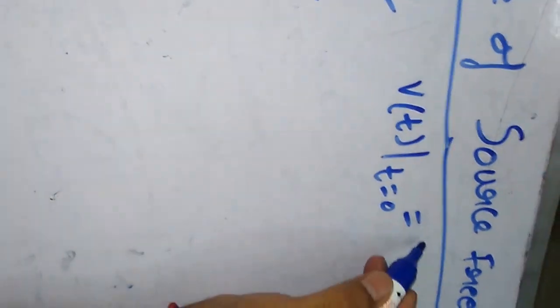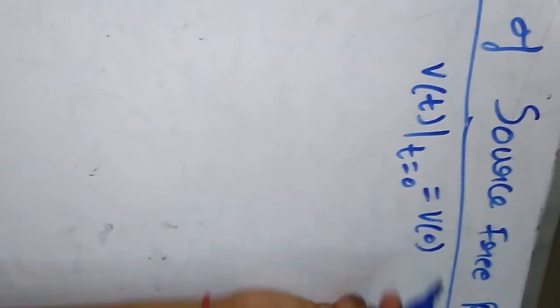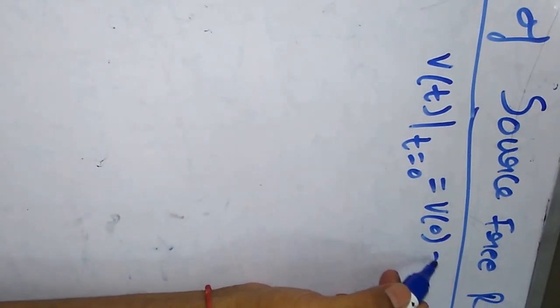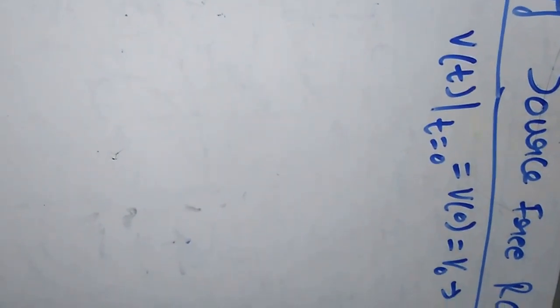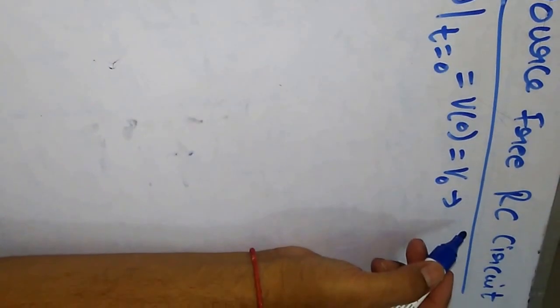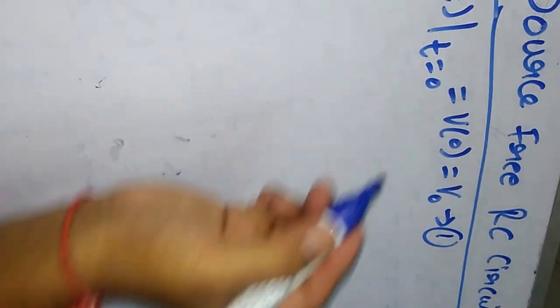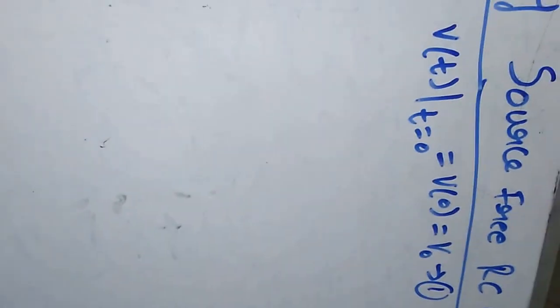So we write it as V of 0, the voltage because of that initial energy, and you can call it V naught. That means V naught is the voltage initially available across the capacitor. This you can call equation 1.